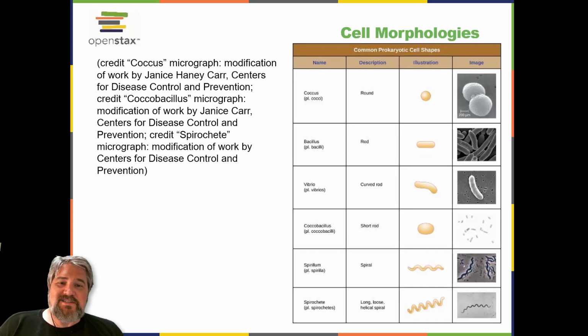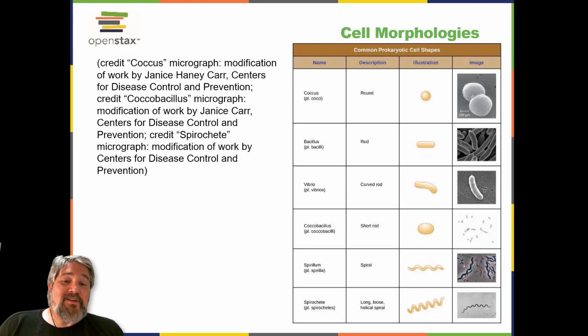Common cell morphologies and arrangements. Individual cells of a particular prokaryotic organism are typically similar in shape or cell morphology. Although thousands of prokaryotic organisms have been identified, only a handful of cell morphologies are commonly seen microscopically.